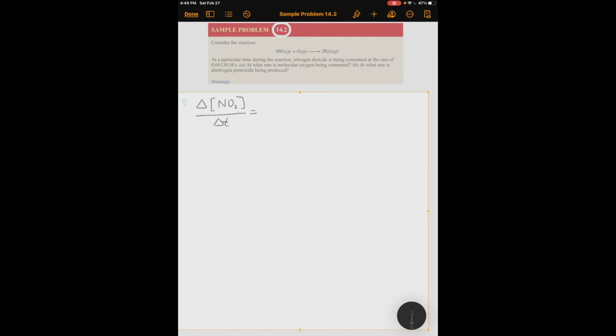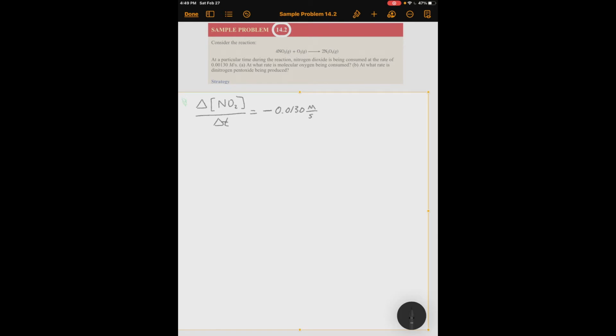When something is being consumed, the change is negative because the amount of it is decreasing. It is not going to give you the sign in this problem. You have to figure out what the sign is. It's being consumed, so that's negative 0.00130 molarity divided by seconds. Okay?